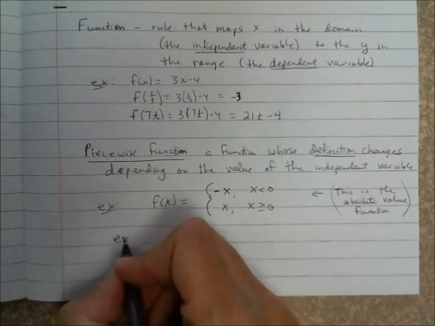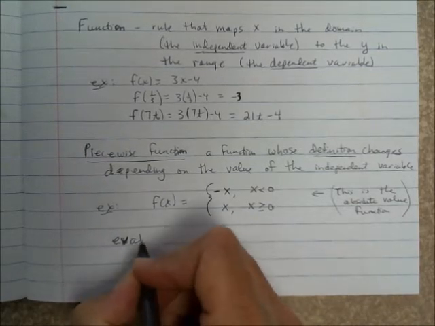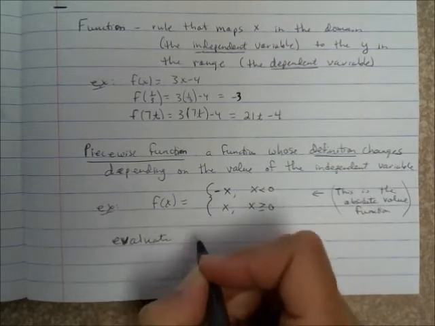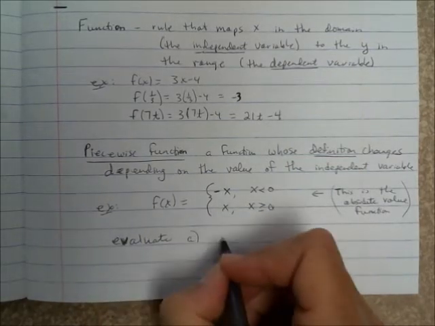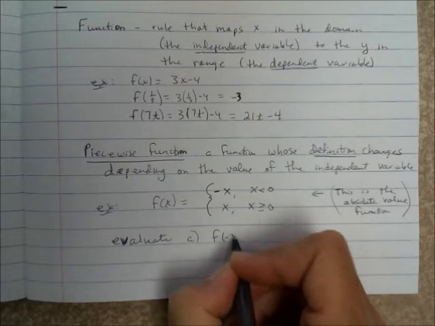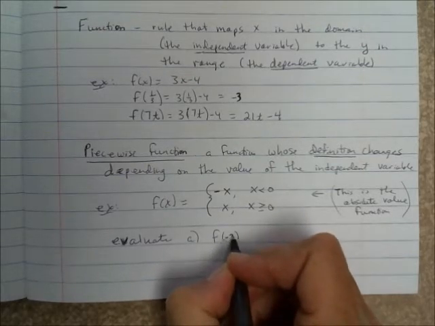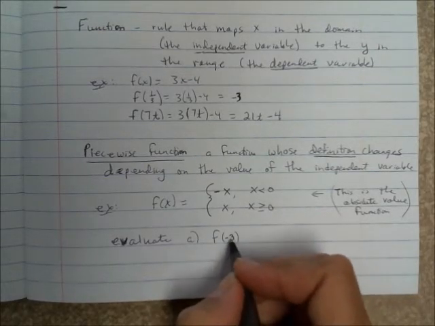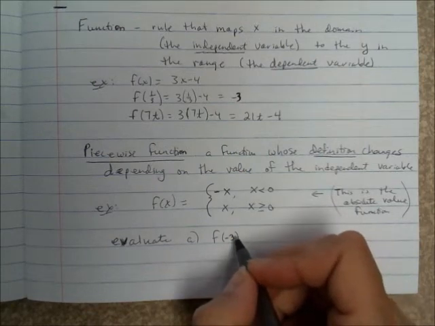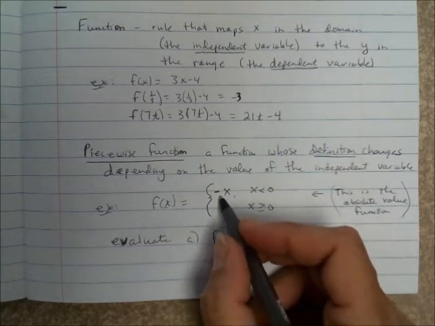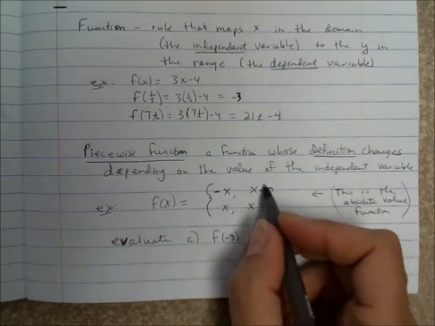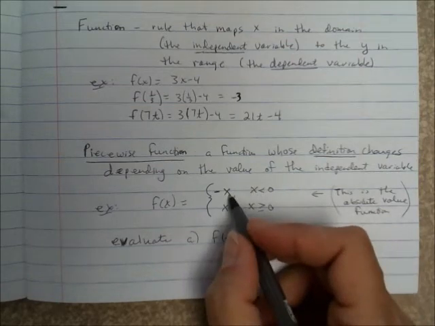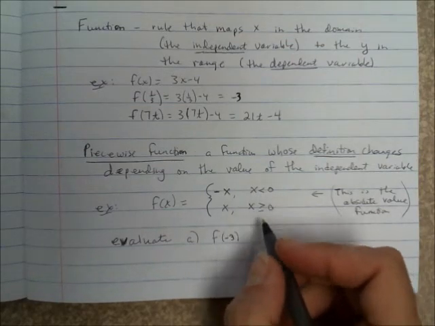So let's say we have to evaluate a bunch of f of x values. Let's say we're going to evaluate f of negative 3. Well, what we do is we look at the x value. The x value is a negative 3, and so we come up to this part of the function, because when x is less than 0, we have to evaluate this at negative x.